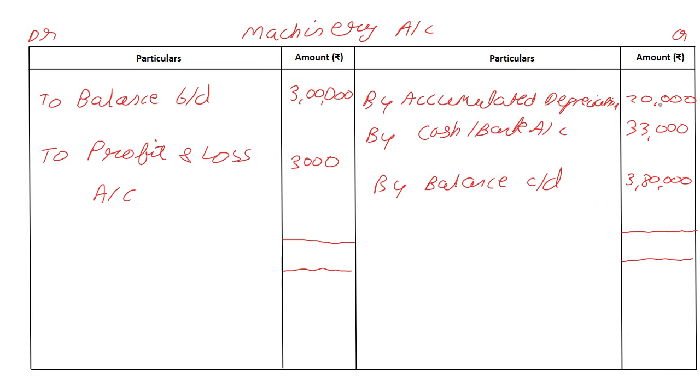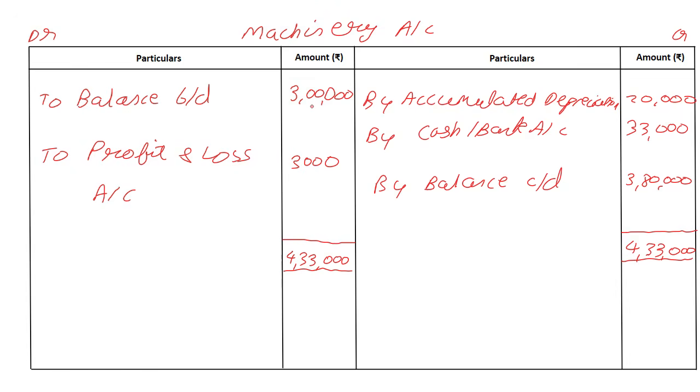Anyway, 20,000 plus 3 lakh 80,000 is 4 lakhs plus 33,000 is 4 lakh 33,000. 4,33,000 I'm writing on both the sides, and then I'm subtracting the lighter side. And notice how this is 3,03,000.